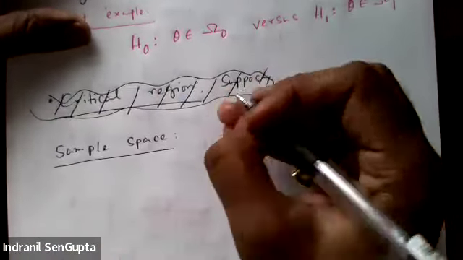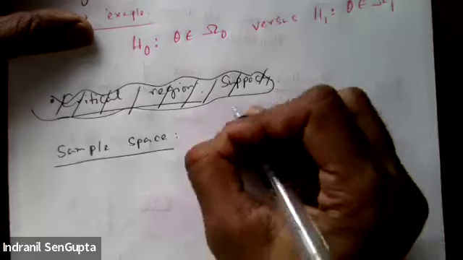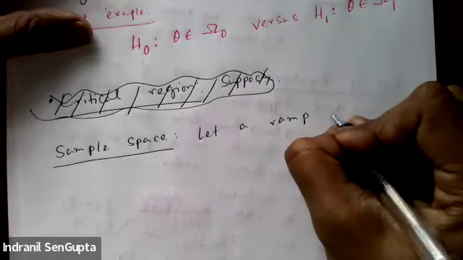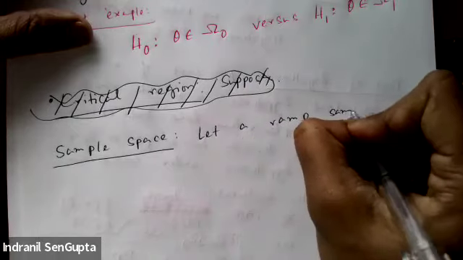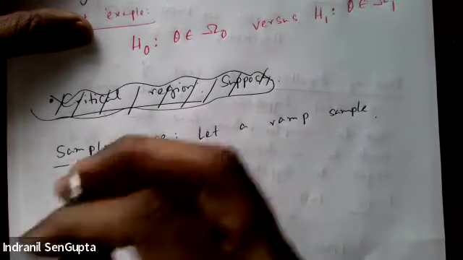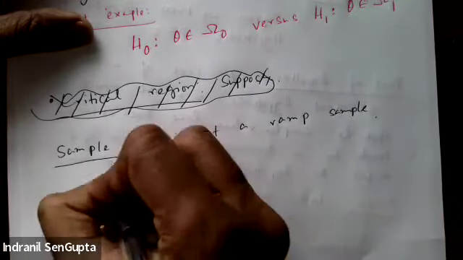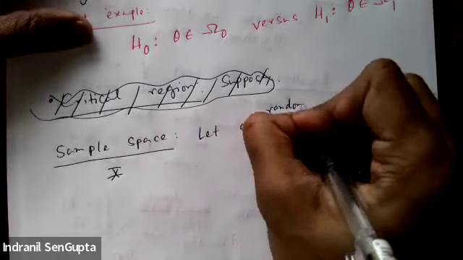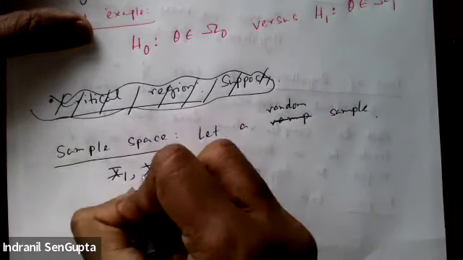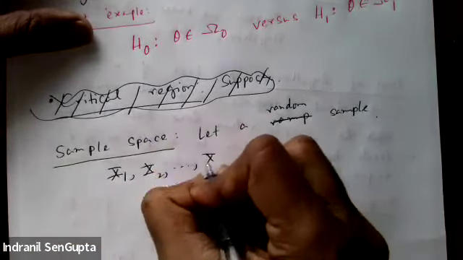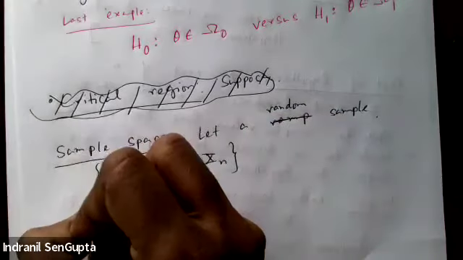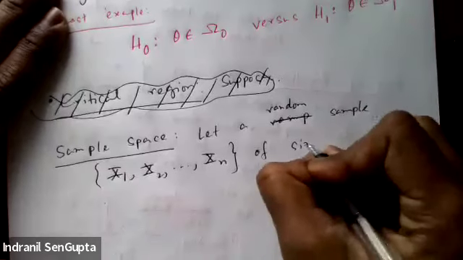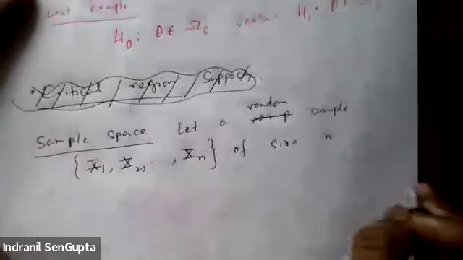Or the space of sample. Let a random sample X1, X2, ..., Xn, a sample of size n, be drawn from a population.